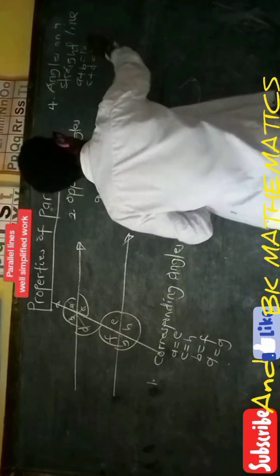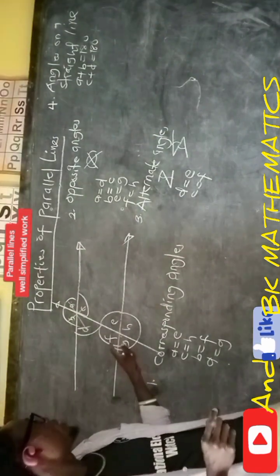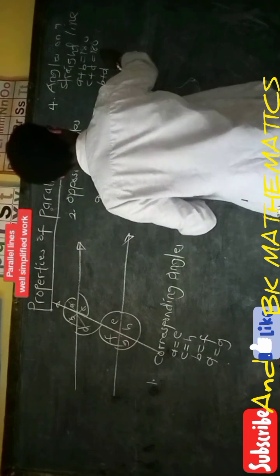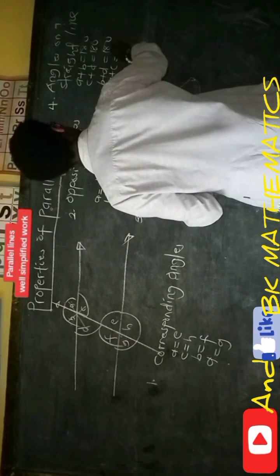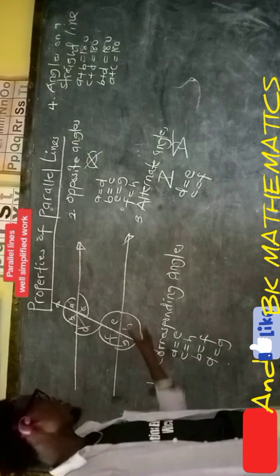Then if you take a look at this other one also, we say B plus D is equal to 180. A plus C is also equal to 180 degrees. Then let's look at this other one, the same thing. F and E, they are on a straight line. G and H, they are also on a straight line.